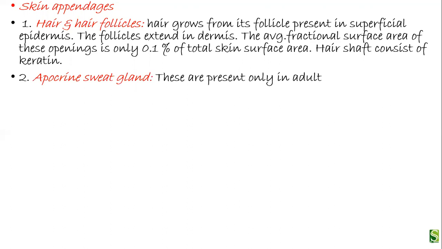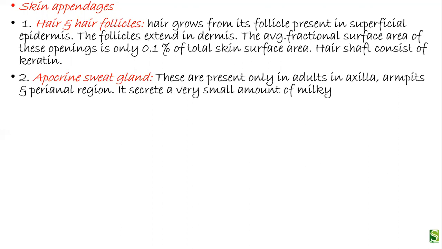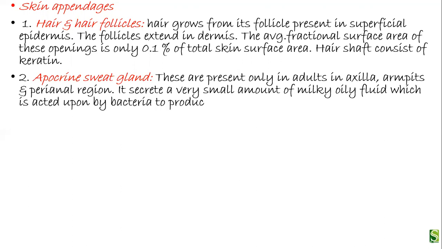The next skin appendage is the apocrine sweat gland. These are present only in adults, in the axilla, armpits, and perianal region. It secretes a very small amount of milky oily fluid, which is acted upon by bacteria to produce characteristic body odor.